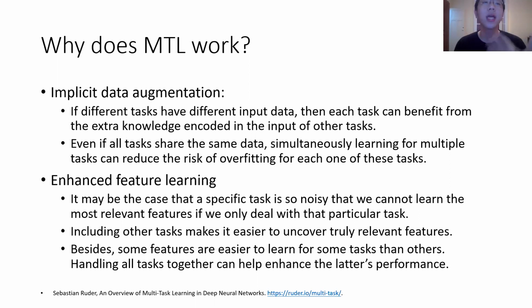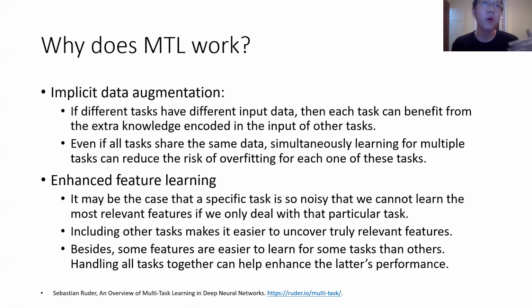But what if we have all the tasks sharing the same data? Well, the volume of data is not augmented, but we can simultaneously learn multiple tasks to reduce the risk of overfitting for each one of these tasks. Because they are all intertwined, we want all of them to perform better.